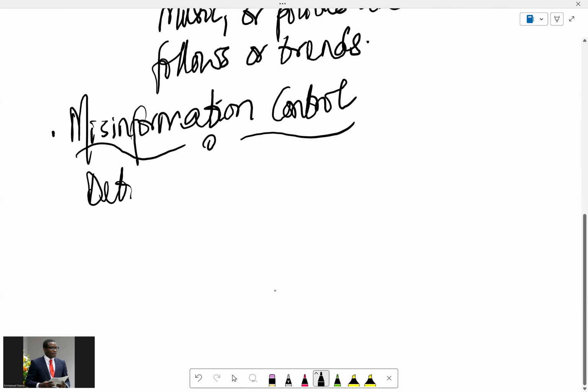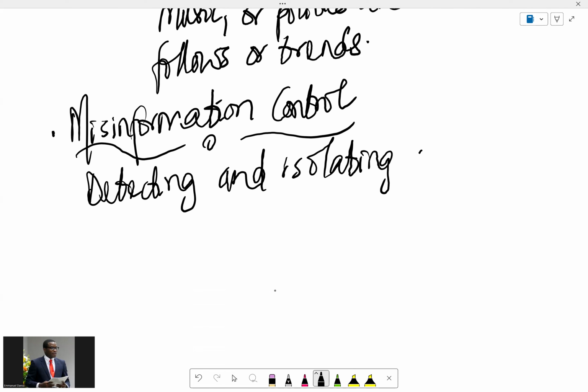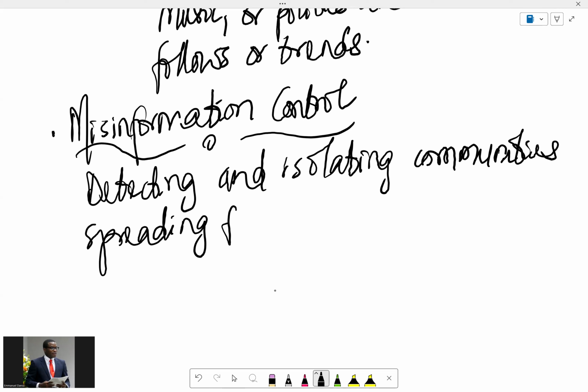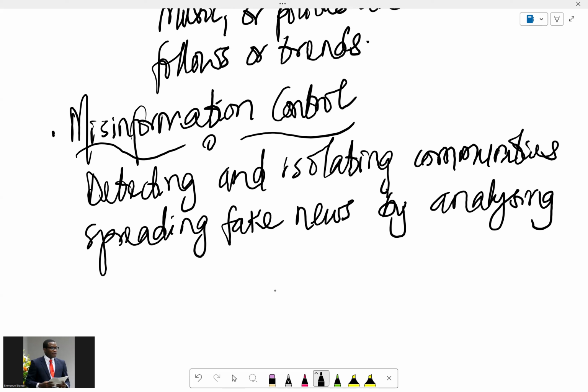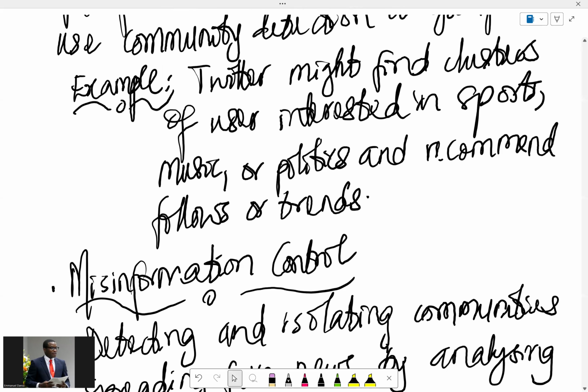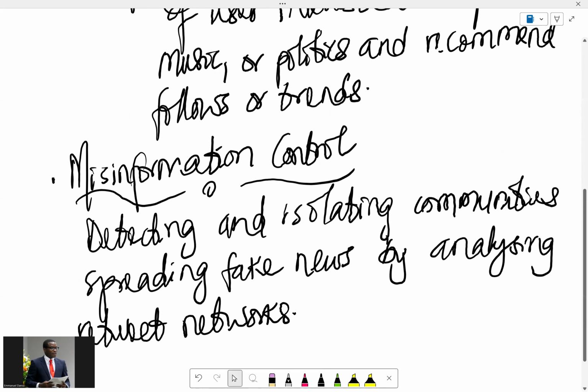Community detection can help in detecting and isolating communities spreading fake news by analyzing retweet networks. So that's an example from social networks.